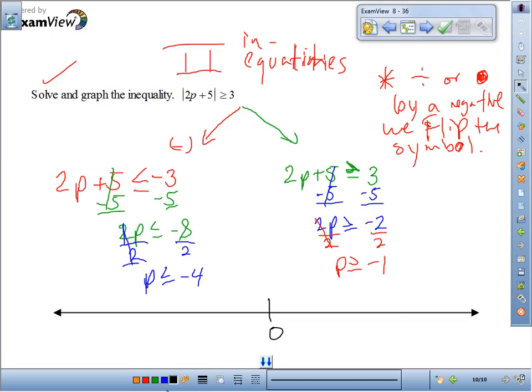So we got 0, we got negative. I'm going to start with this one. Negative 4 is about right here. Look at the inequality symbol. Does it have an equal sign underneath? Yes, so it includes the point. Plot your point. And it reads, P is less than or equal to negative 4. What numbers are less than negative 4? Negative 5 and anything to the left.